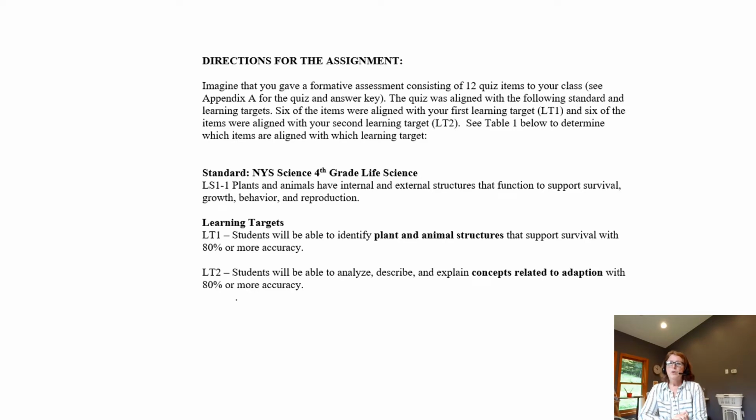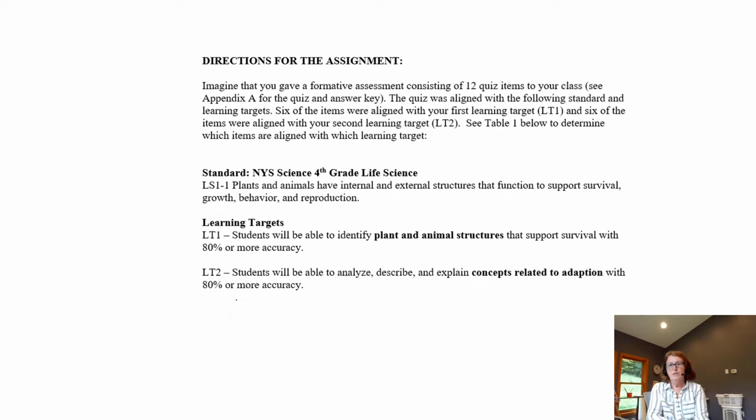And so the quiz itself, which I'll show you in a minute, is actually located in Appendix A of this document. So the quiz has 12 items. Remember, it's 4th grade. And each of the items was aligned with a particular New York State standard for 4th grade life science. So let's look at the standard and 2 learning targets given here.